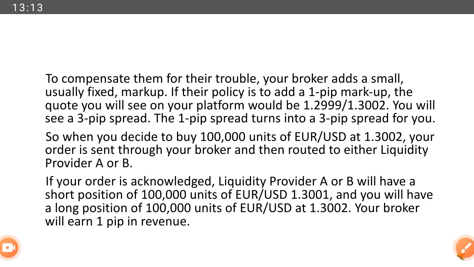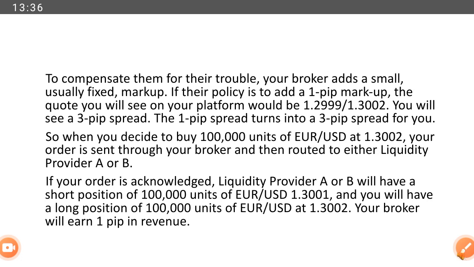You will see a 3 pip spread. The 1 pip spread turns into a 3 pip spread for you. So they won't give you the price directly as their liquidity provider gave it to them.